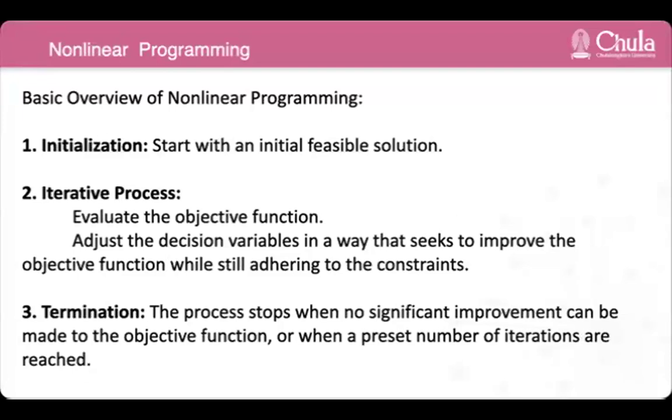And the last one, termination process. How do we repeat the iterative process? And of course, you cannot run forever, right? You need a termination criteria. It can be KKT conditions or other conditions.